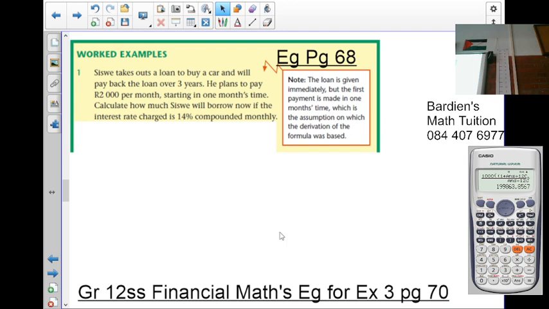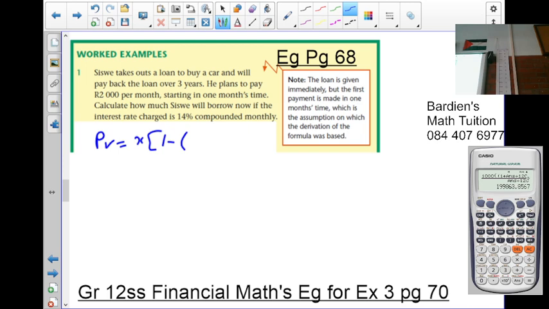The interest rate charged is 14% compounded monthly, so we have enough information to use the formula. My formula is PV, because it's car finance, it's X into 1 minus 1 plus i to the exponent negative n, over i.